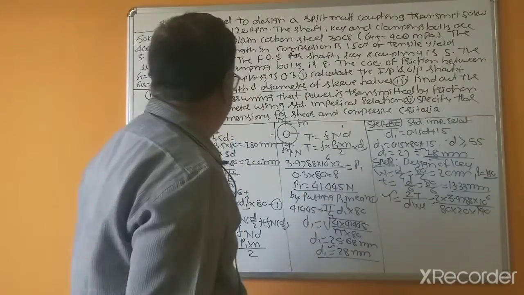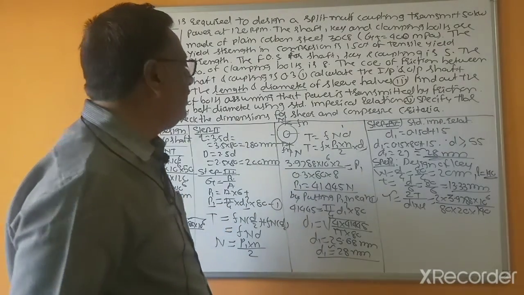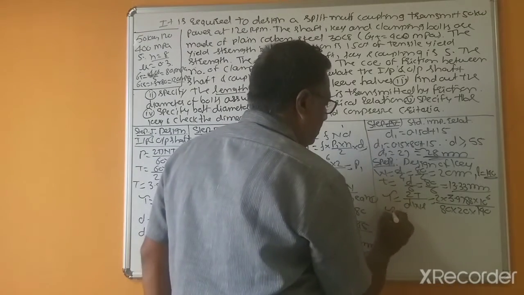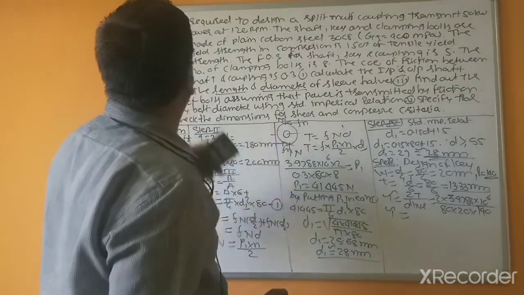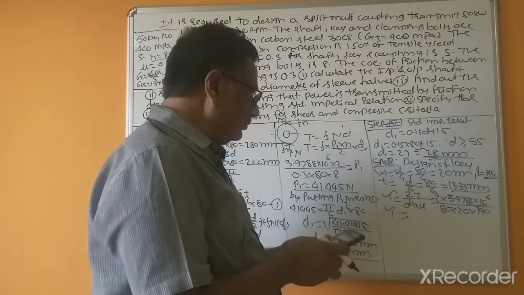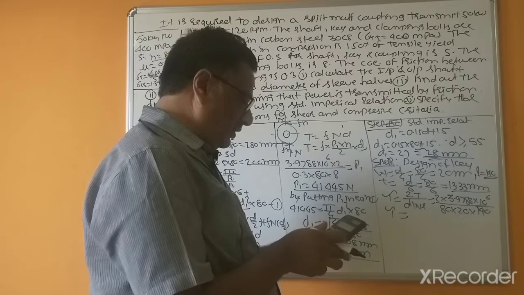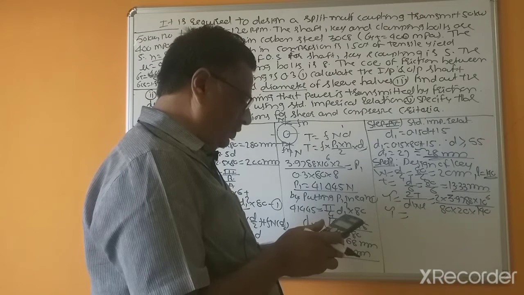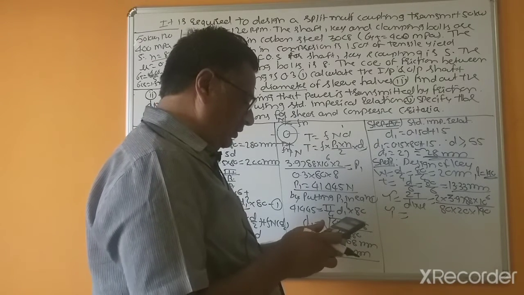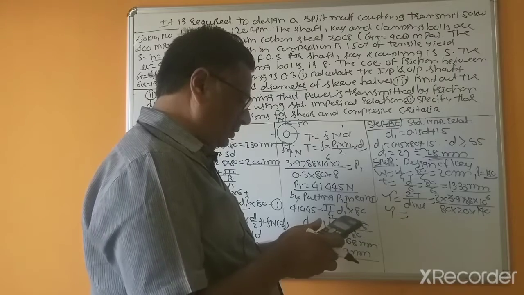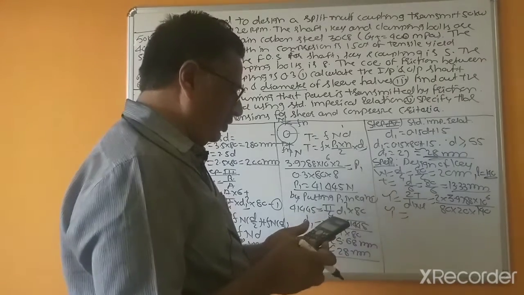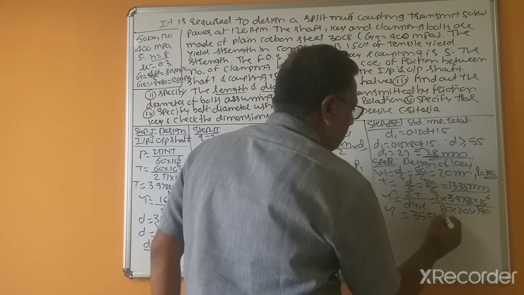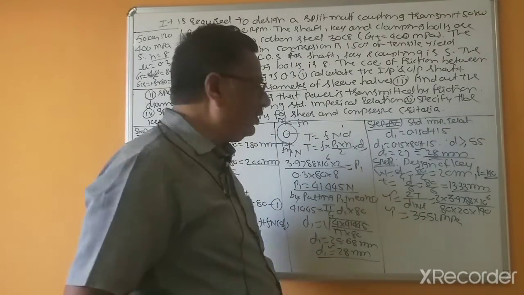This is small L, 140, 50% of the length for the input shaft, and the remaining 50% for the output shaft. And this should be less than 40. So 3.9788 into 10 to the power 6 multiplied by 2 divided by 80 divided by 20 divided by 140. This is equal to 35.52 megapascals, means this is safe for shear stress.